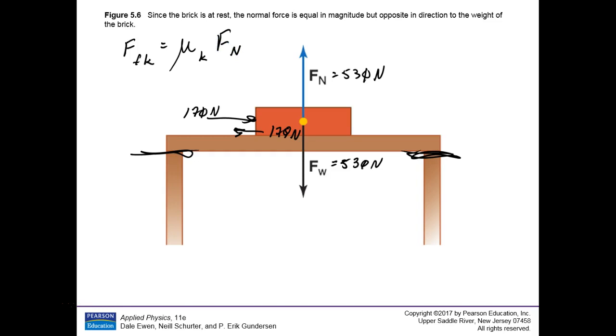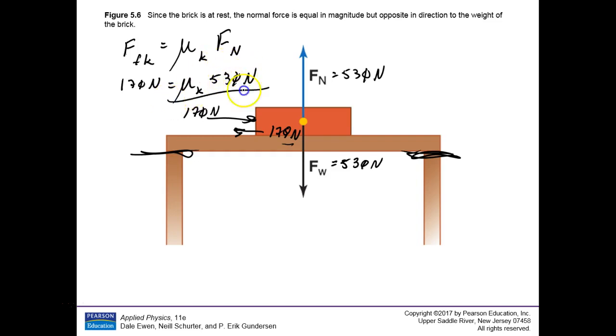Okay? They've already told you what this is. That is your kinetic friction here, 170 newtons. Mu sub K, the coefficient of kinetic friction, times the normal force, which is 530 newtons.